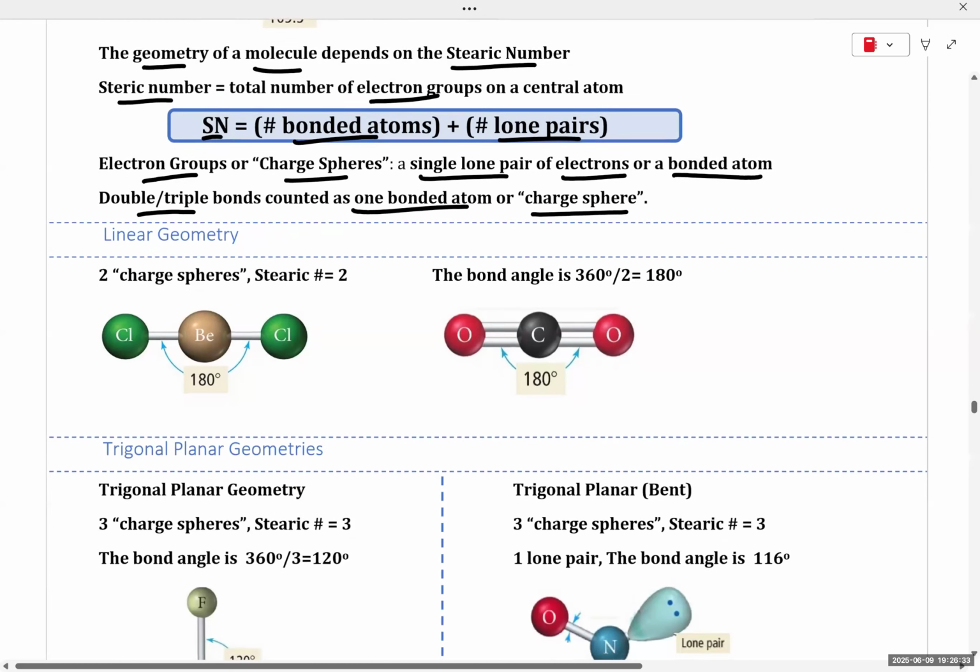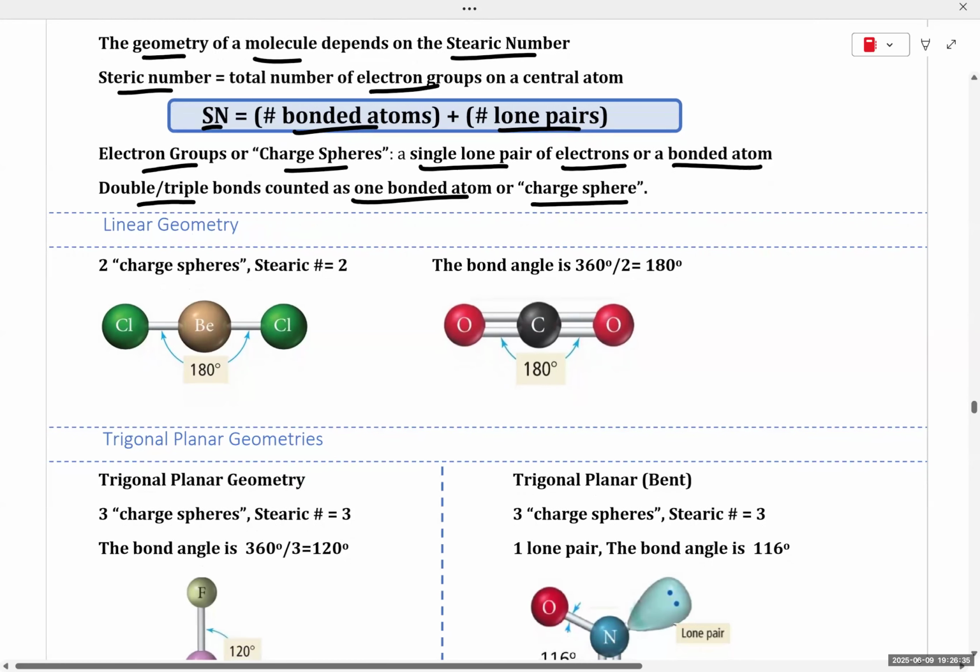So let's take a look at some geometries. The linear geometry has two charged spheres, a steric number of 2, and the bond angle is 180 degrees. You will often see the linear geometry in cases where your central atom is sp hybridized. For example, carbon dioxide. As you can see for carbon dioxide, there are 2 bonded atoms and also 2 sigma bonds attached to our central carbon.